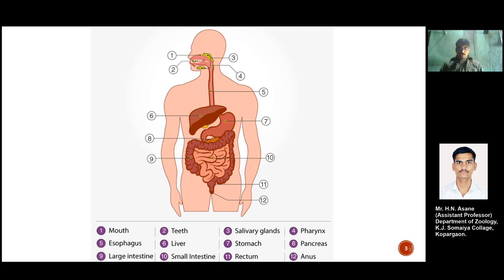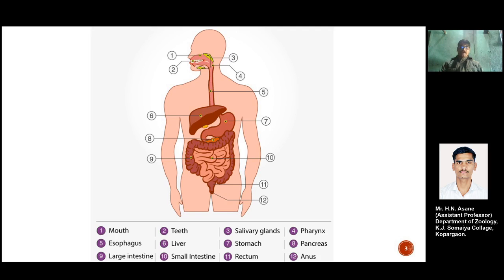First will be the mucosa or the mucous membrane. The second part will be the submucosa. Then the muscularis externa, which is the middle part, and then the serosa, also called the fibrosa in some textbooks.